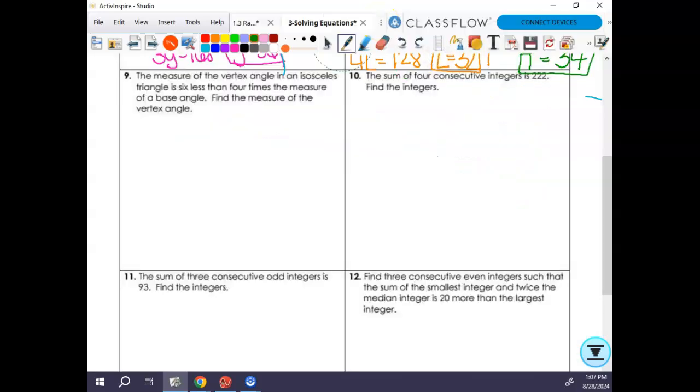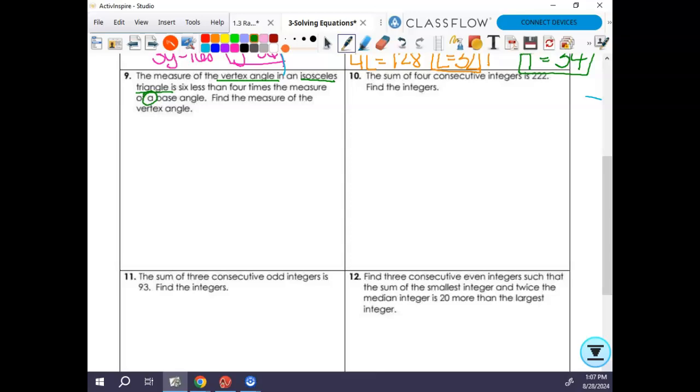All right, so we're here. So now it says, the measure of the vertex angle, now we know what that means, in an isosceles triangle, now we know what that means, is 6 less than 4 times the measure of a base angle. Okay? So I'm going to use V for vertex and B for base. That makes sense to you? All right.